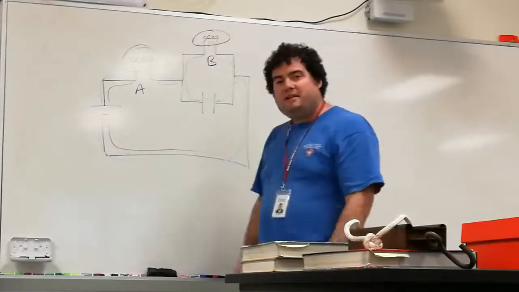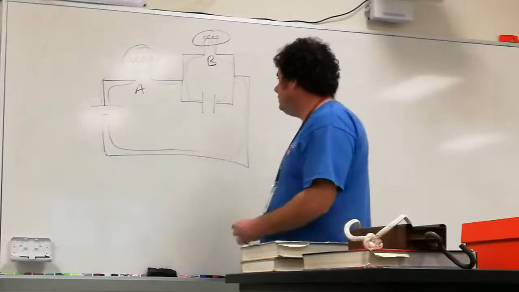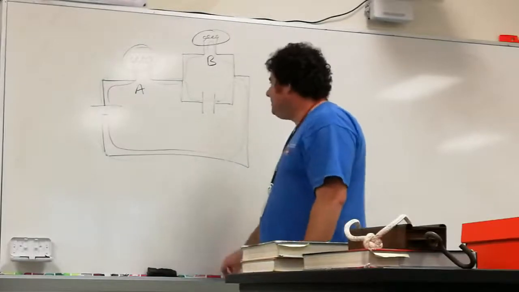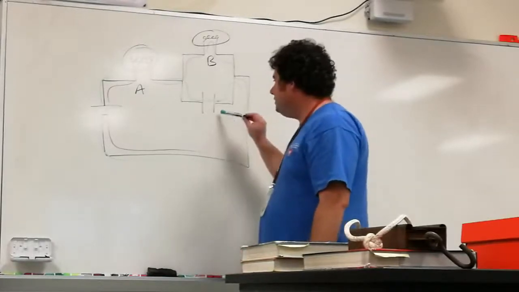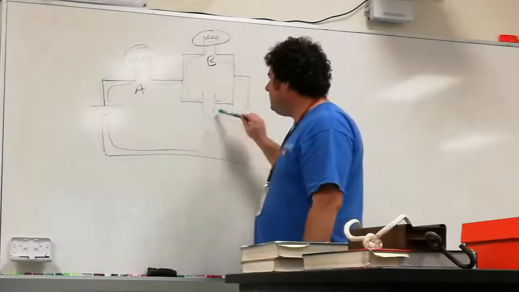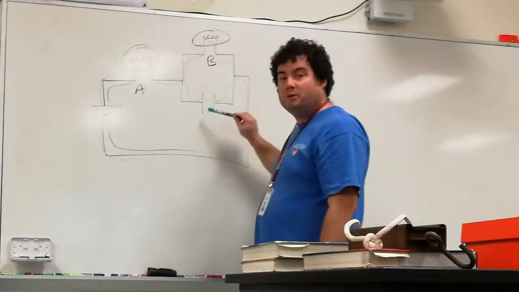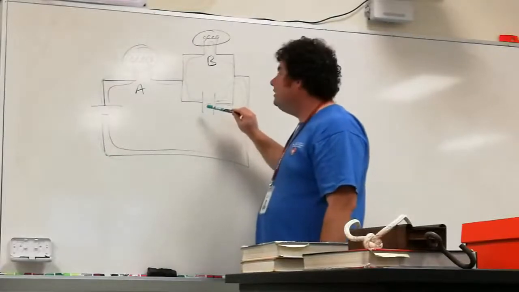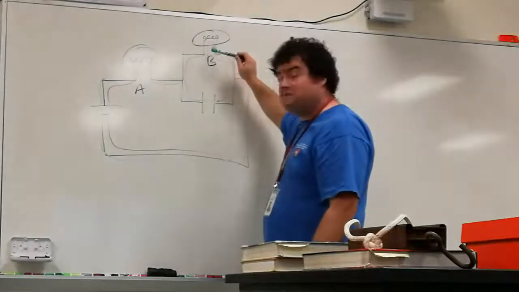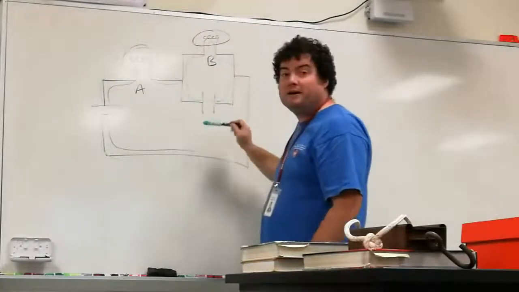So what do we expect to happen to these bulbs? Well, at first, when the capacitor is uncharged, it acts like a bare wire. So if this is a bare wire, it's shorting out bulb B. So why would any current flow through bulb B, which has resistance, when it could flow through a bare wire?